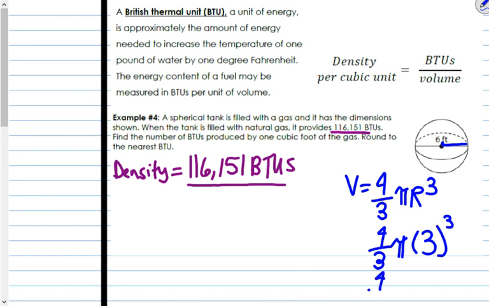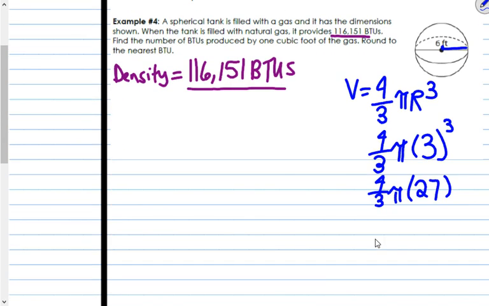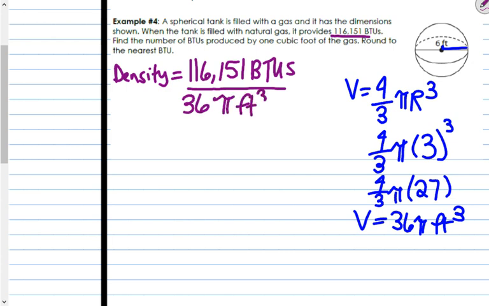So 4 over 3 pi times 27. And then 4 times 27 divided by 3 gives us 36. So our volume is 36 pi feet cubed. And I can come back to my equation and type in 36 pi feet cubed.